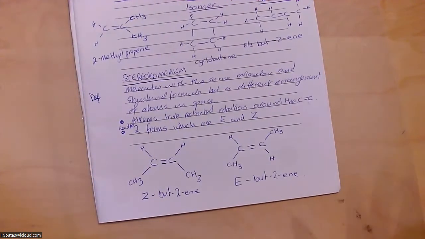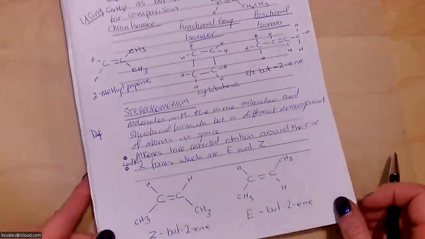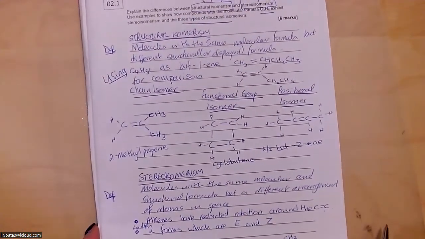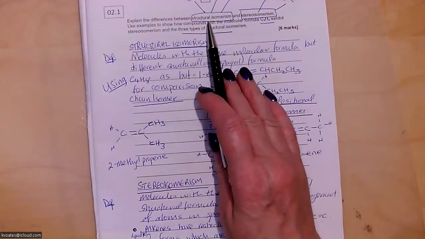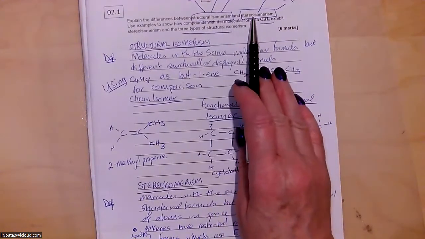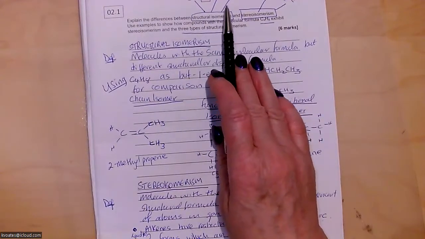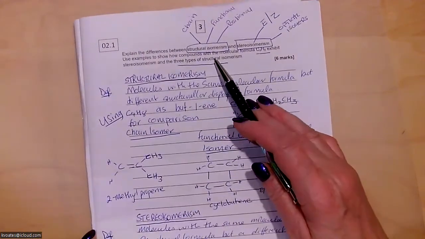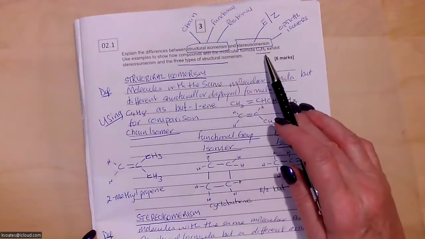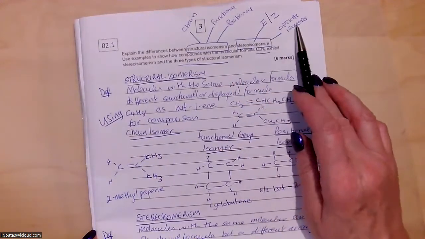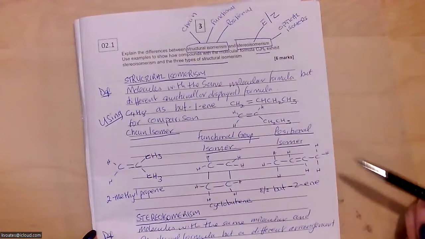And I believe that hits all of those points required. But you can see how I've planned the essay. I've split it into 2 parts. I'm using C4H8 and I've got the 3 different structural isomers. It did say there were 3 and I've identified them here. And the stereoisomers, I've identified the 2 that I know, but I only need to use E and Z.